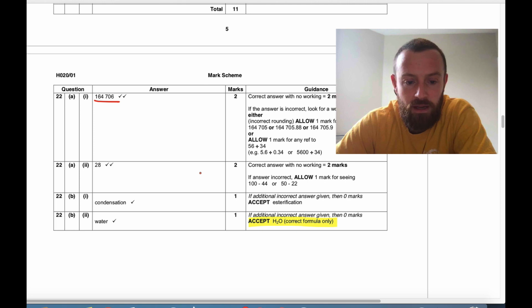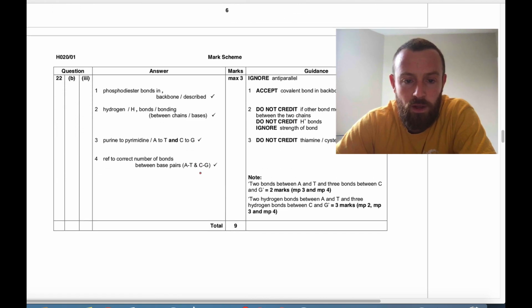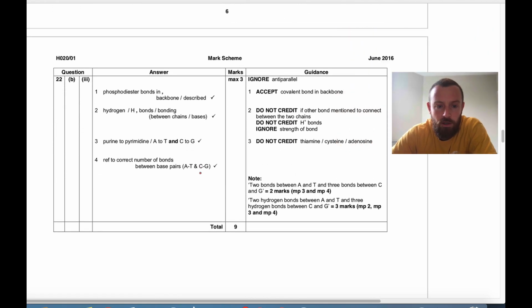Let's look at the mark scheme now and see what we could say. I'm kind of interested that this is even on the mark scheme here because it doesn't really tell us about the polynucleotide chains themselves. It says what holds them together. These are the marks that I would expect.